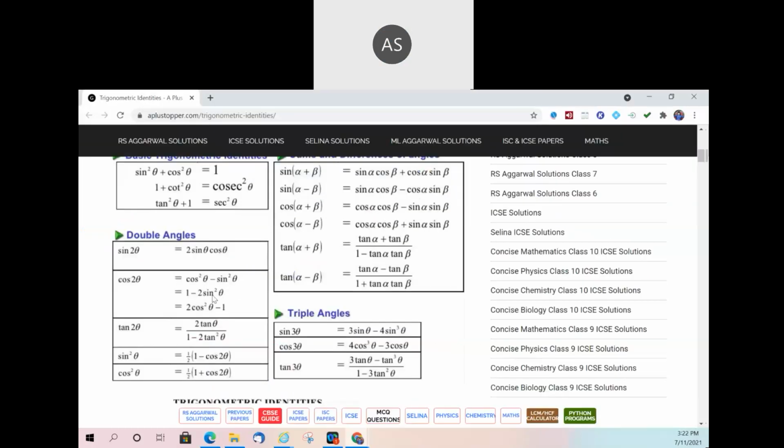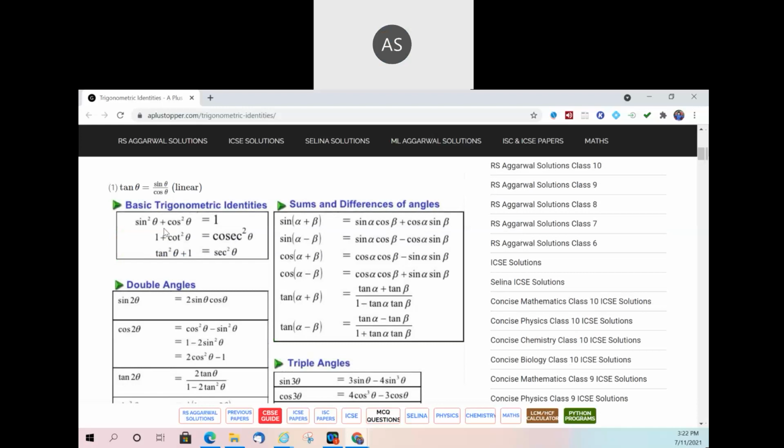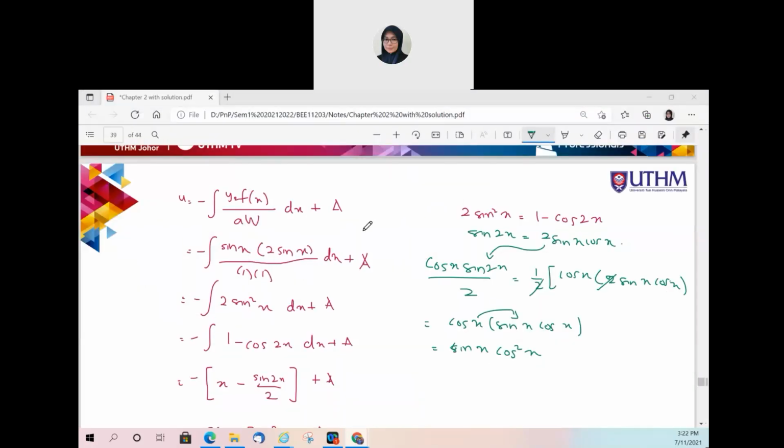Look here, cos to the power 2x. So cos to the power 2x, what do you replace it with? Here. So cos squared x equals 1 minus sin squared x. You use this one. So you have sin squared x plus cos squared x equals 1.